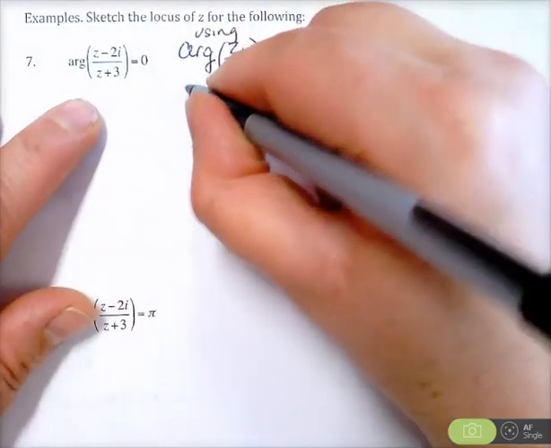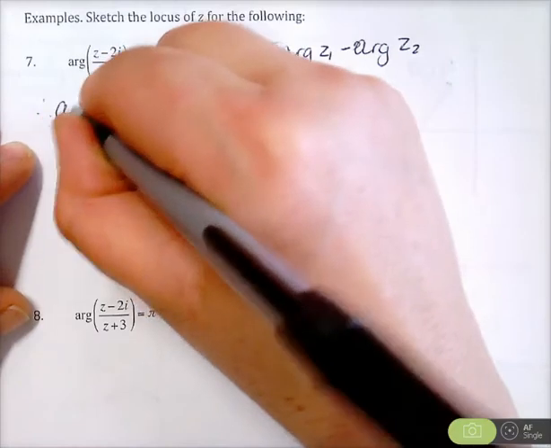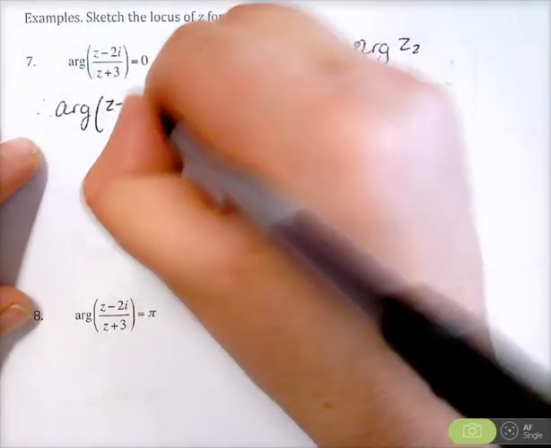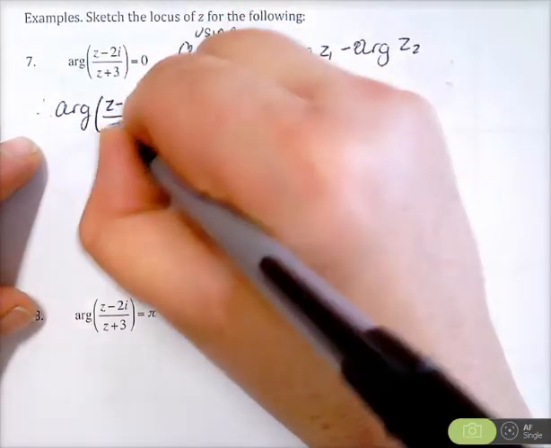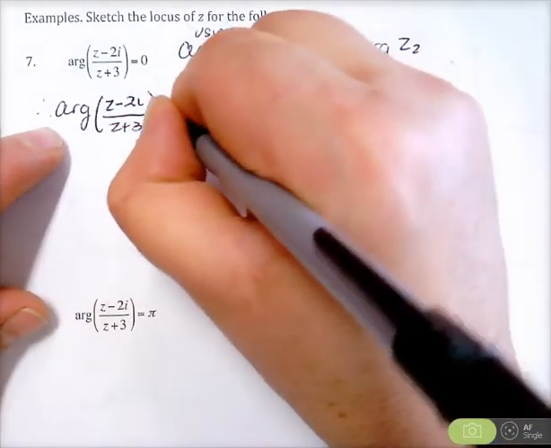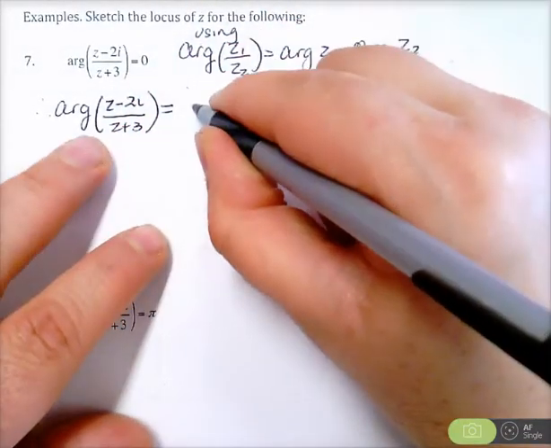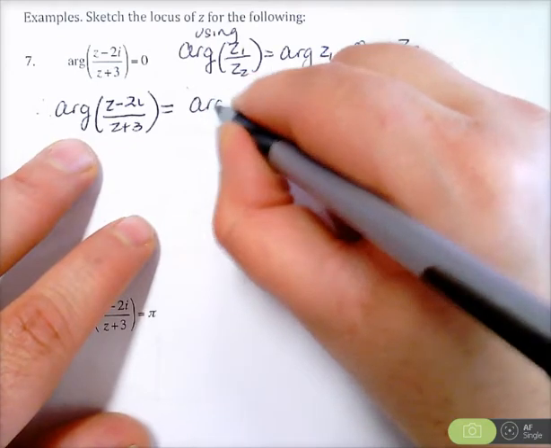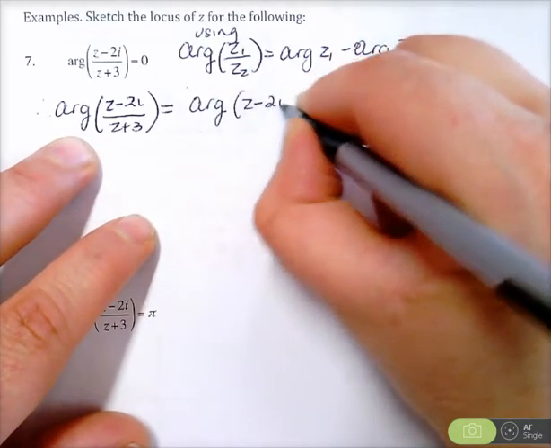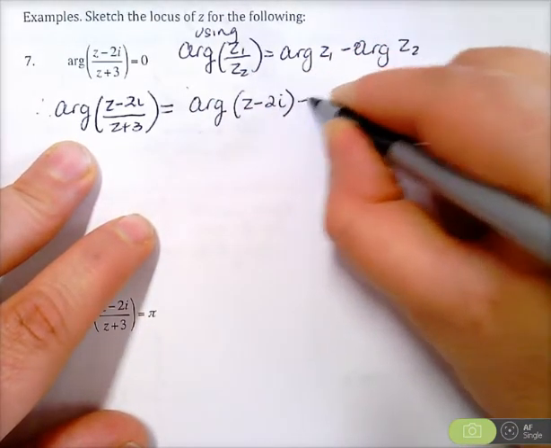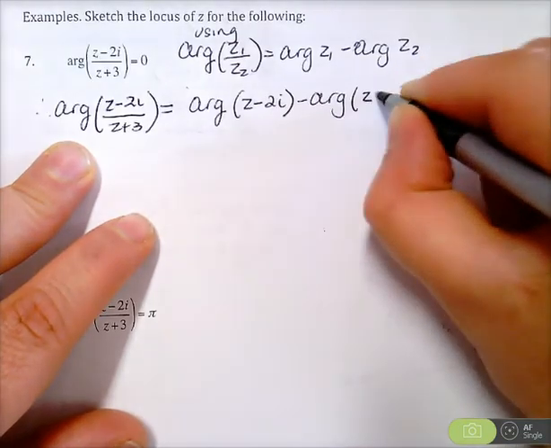So therefore, we've got that the arg of z minus 2i over z plus 3 is the same as arg of z minus 2i minus arg of z plus 3.